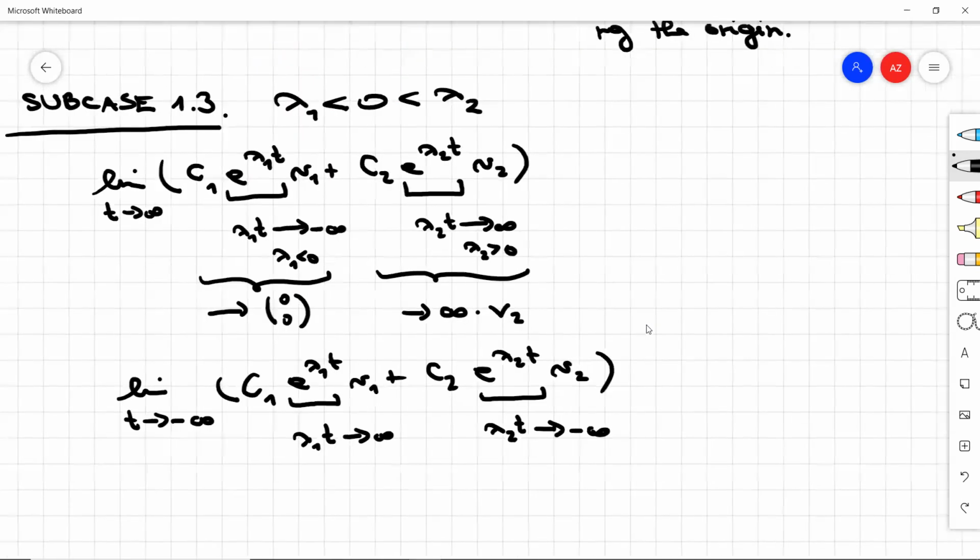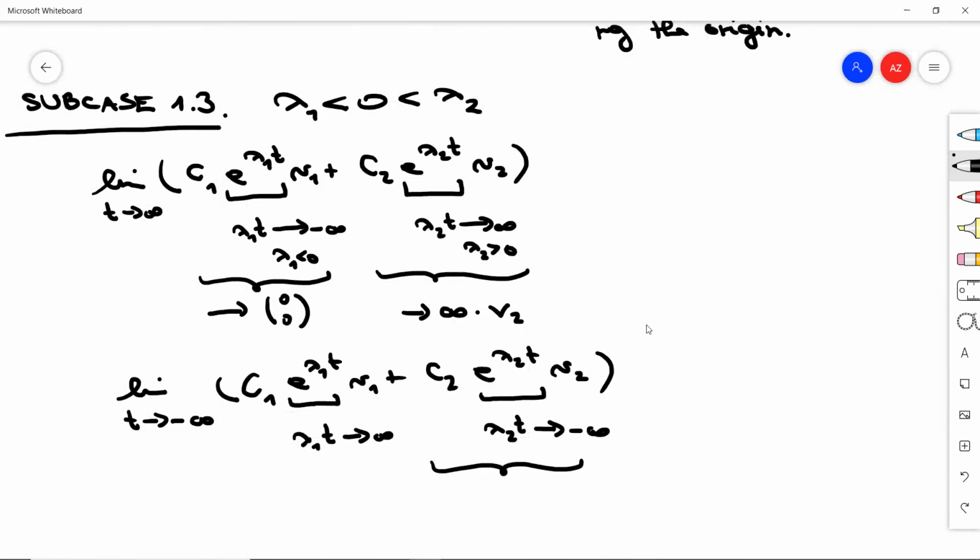So in this case, the second summand becomes negligible, and the first summand points in the direction of v1, and the coefficient is in fact infinity. So here we notice that in both cases, as t is very small or very big, we are far away from the origin. Once we are near the line v1 and in the direction of v1, and in the other case we are in the direction of the line with slope v2.